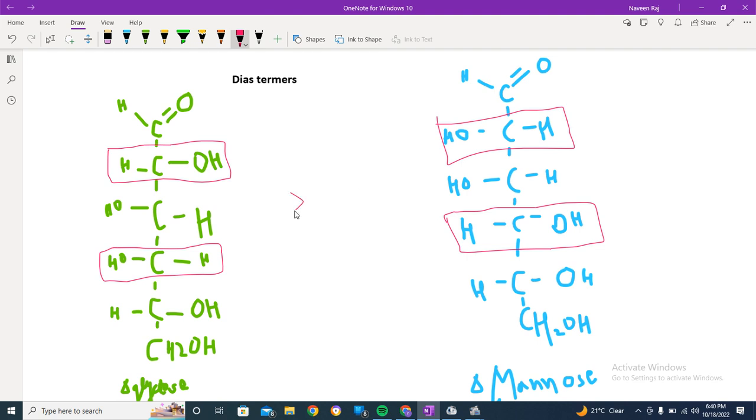Now two differences means that these both are diastereomers of each other. We have a difference in the arrangement of more than one carbon atom, and that is termed a diastereomer.